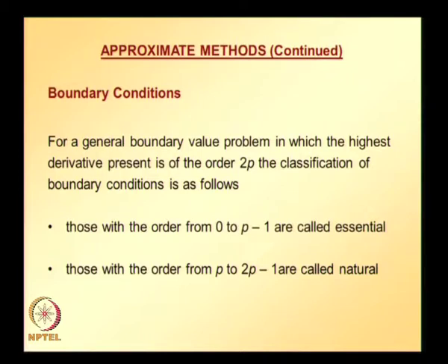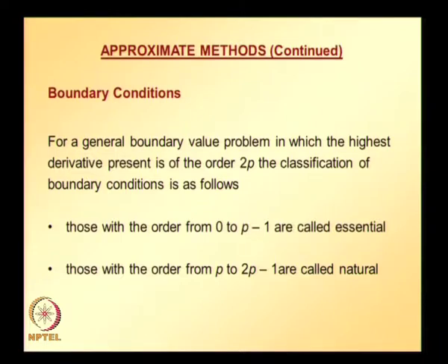So, if you look back at the problem that we have taken to solve in today's class, it is a second order differential equation. So, the order 2p is equal to 2, and those boundary conditions of order 0 to p minus 1, that is 1 minus 1, are essential. So, the boundary condition that u is equal to 0 along C1, C3 and C4 is an essential boundary condition, and those boundary conditions of order p to 2p minus 1 are natural boundary conditions.